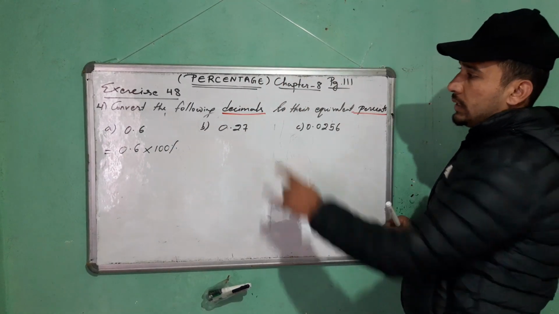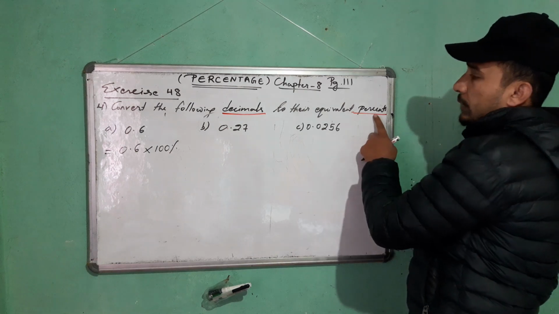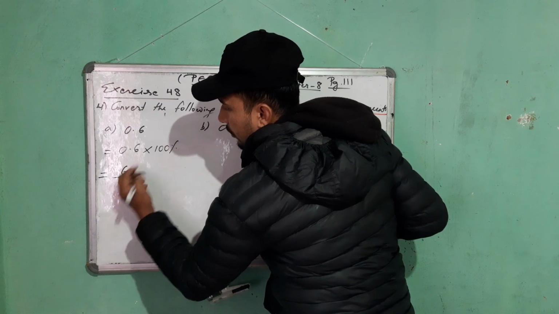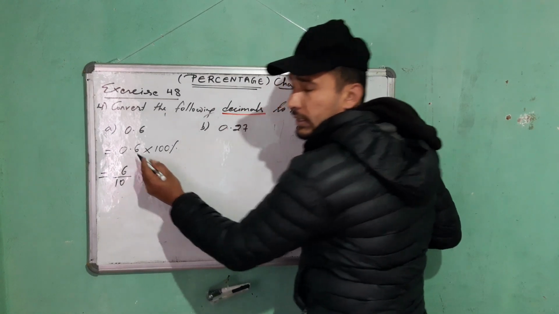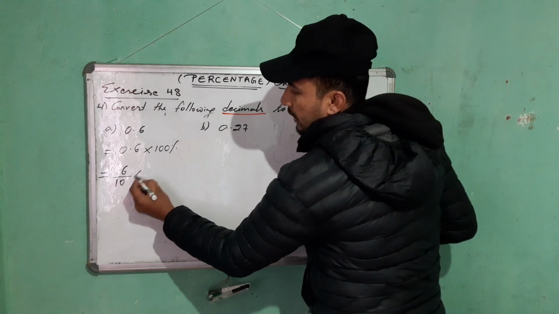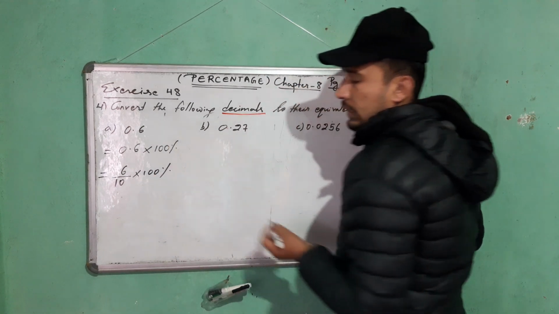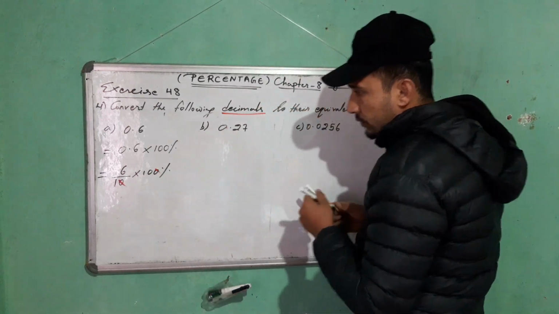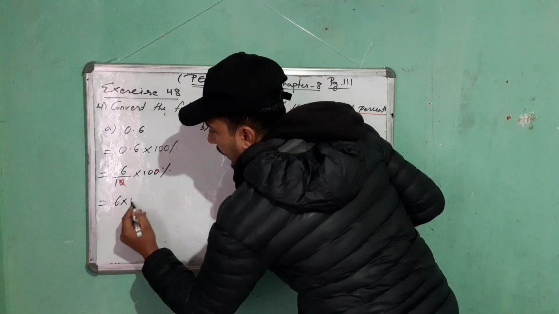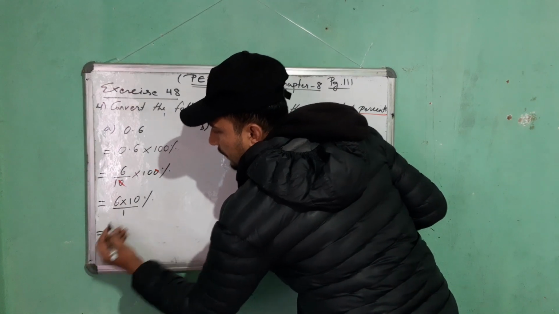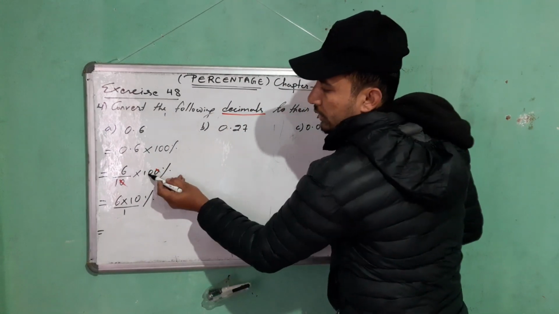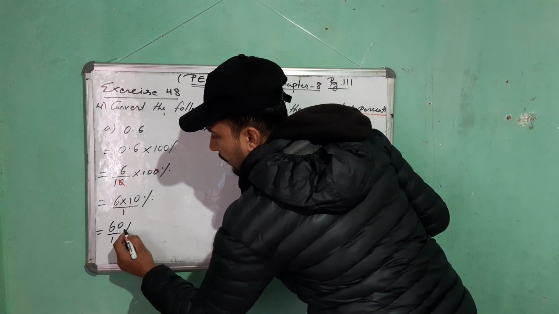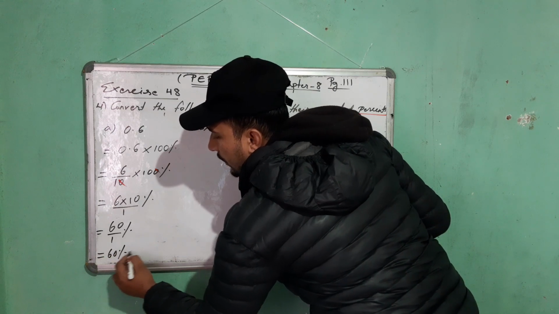Remove this decimal, divided by 10, since this decimal is in the tens place, so 10 goes in the denominator, into 100%. Do the cancellation. 0 and 0 get cancelled. So 6 into 10 upon 1%. 6 into 10 is 60 upon 1%. 60 upon 1 means 60% only.